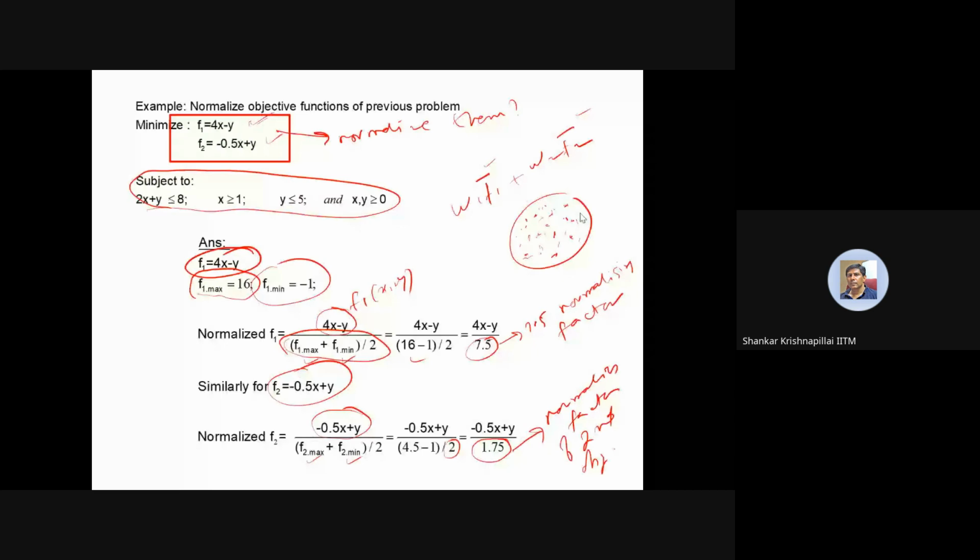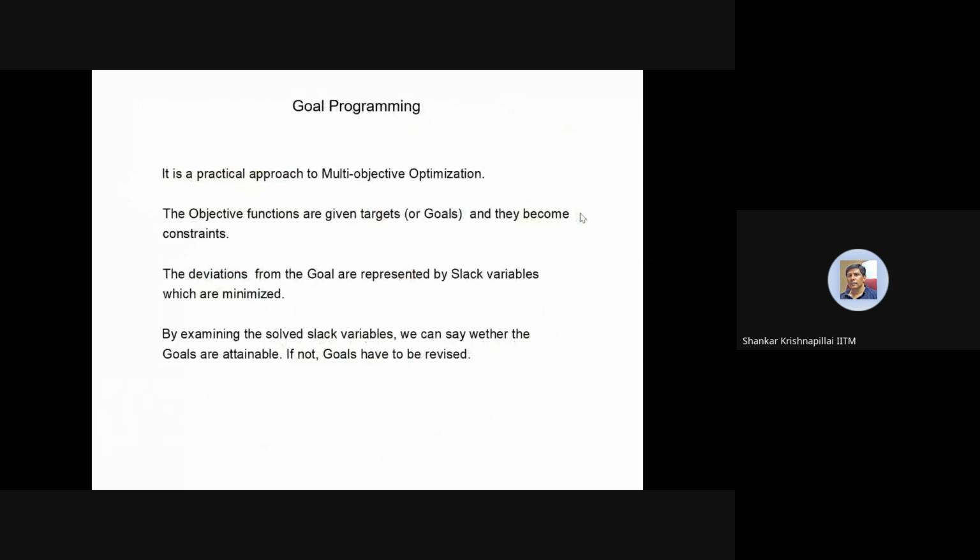Okay, next is called goal programming, which is a practical approach to multi-objective optimization. Here the objective functions are given some targets or goals to attain, and then they become constraints. The deviations from the goal are represented by slack variables, which are minimized.